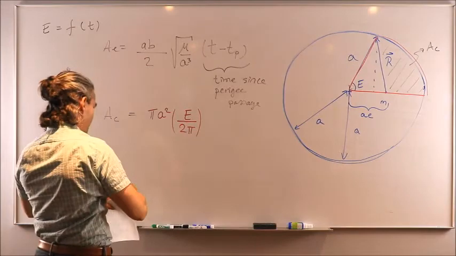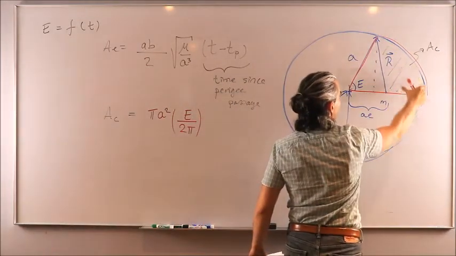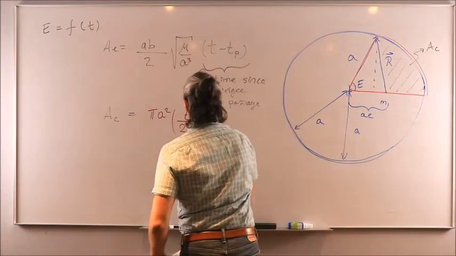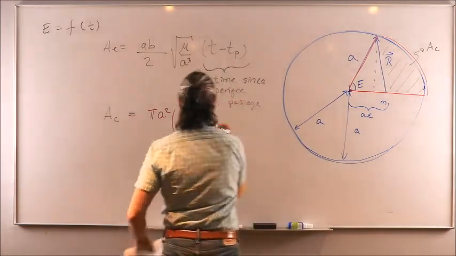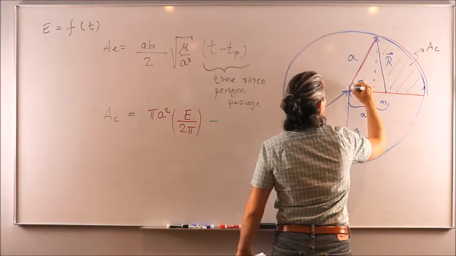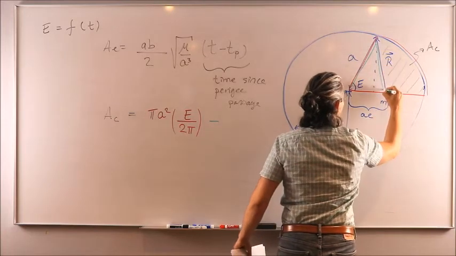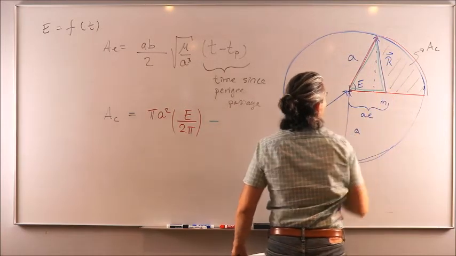We said that AC is just that portion over here, so we need to remove another section, the section in green, which is simply this triangle over here.